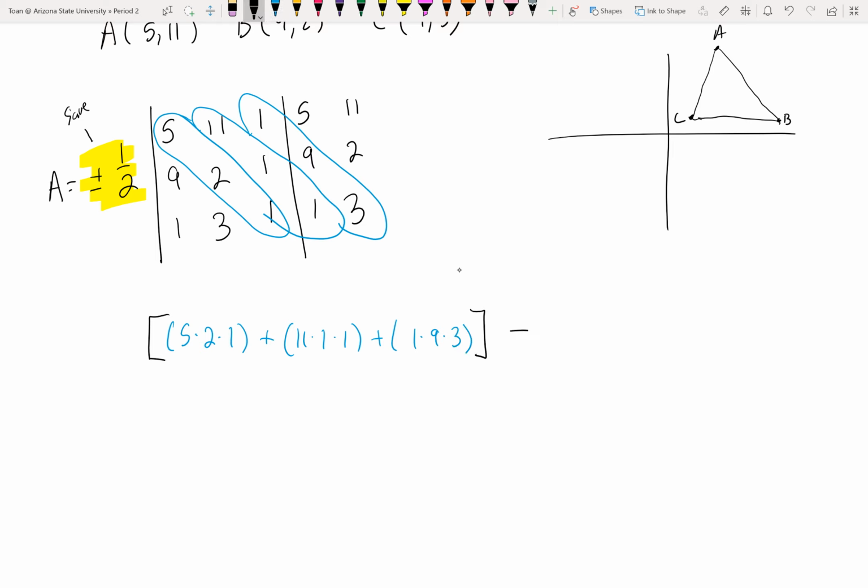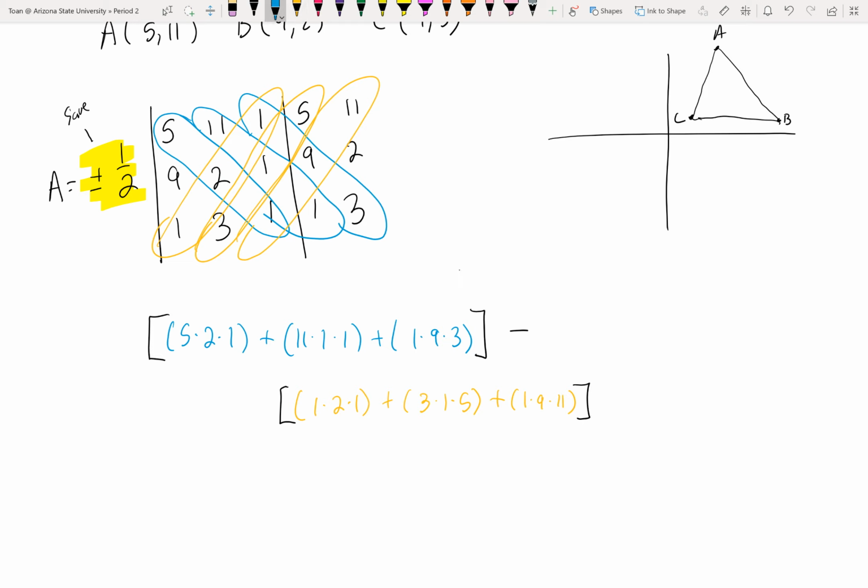We minus the other diagonal. Start at the bottom left. This diagonal, this diagonal, this diagonal. 1 times 2 times 1, plus 3 times 1 times 5, plus 1 times 9 times 11.